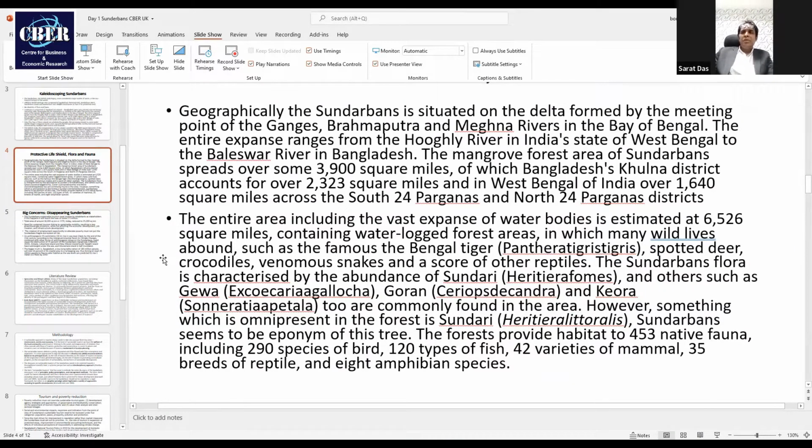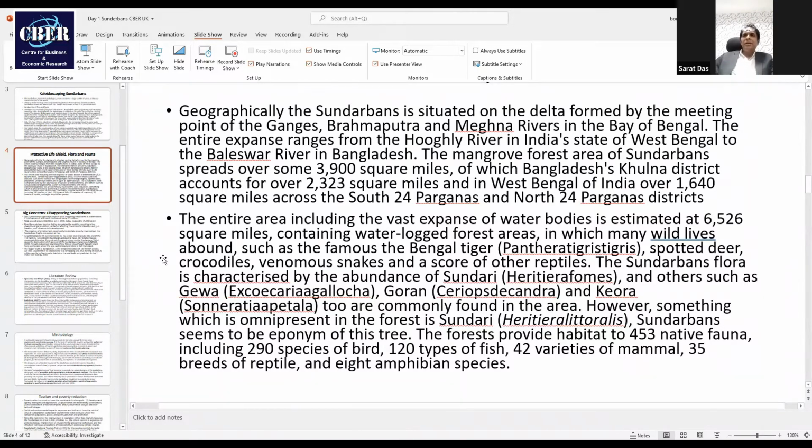And they all thrive on this very diverse flora and fauna, which consists of about 300 species of birds. There are mammals, there are reptiles, there are over 100 types of fishes. So this seems to be quite a bit to deal with.